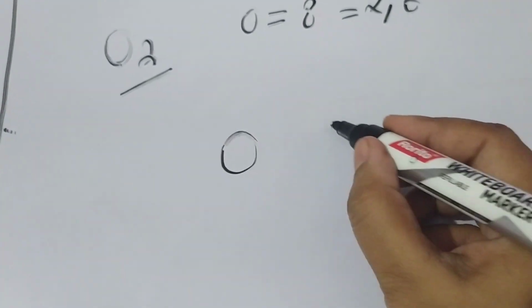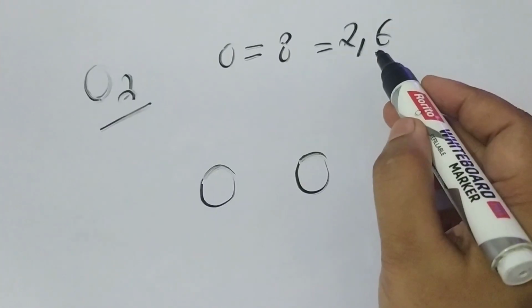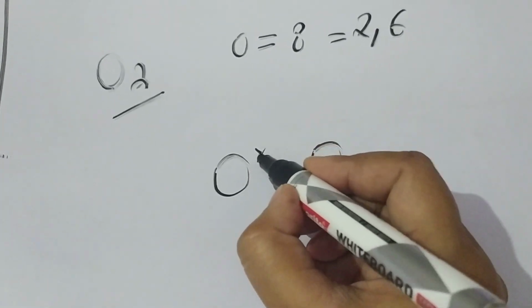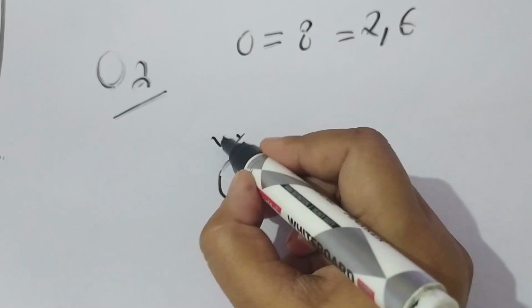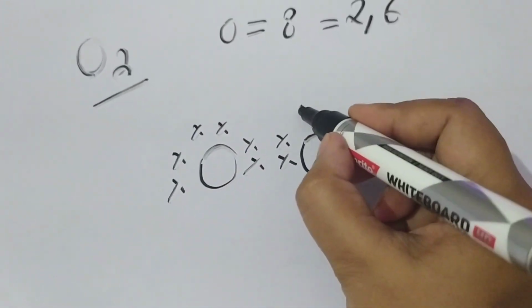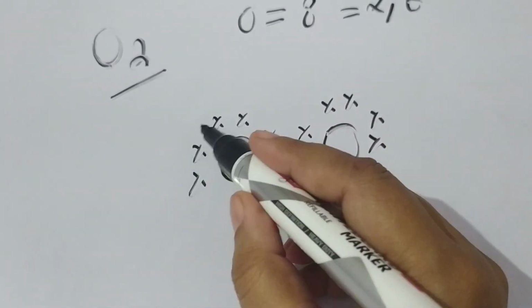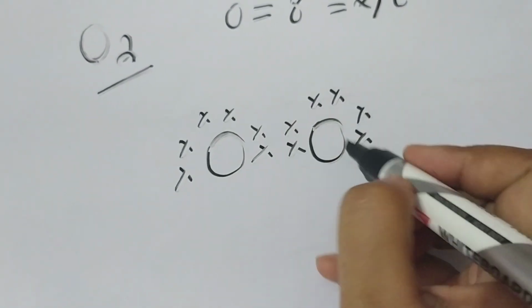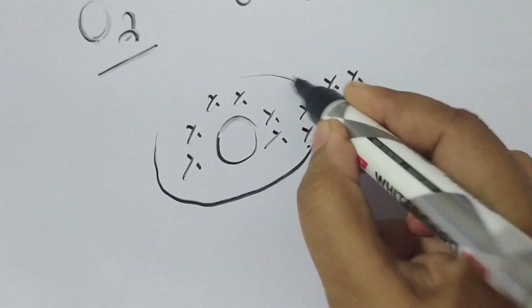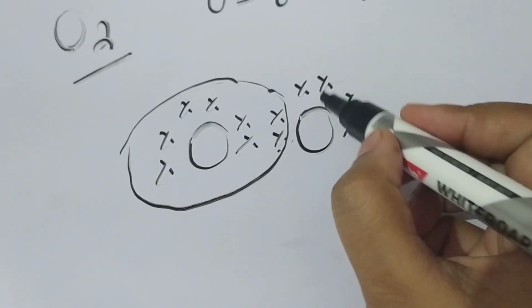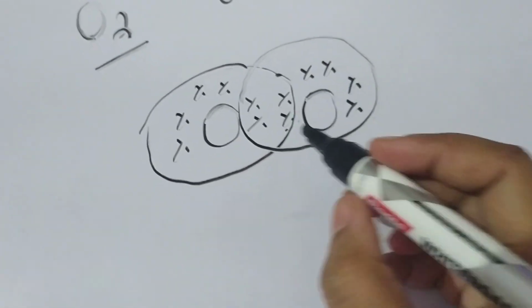So we will draw 2 oxygen atoms. Oxygen has 6 electrons, so obviously it will share 2 electrons to become 8. We'll draw 2 electrons on the inner side to show the sharing, and the rest 4 electrons on the outer side of the oxygen. Now you can see 1, 2, 3, 4, 5, 6 and 1, 2, 3, 4, 5, 6. If it shares 2 electrons from this oxygen atom, and this atom also shares 2 electrons from the other oxygen atom, both will become stable.